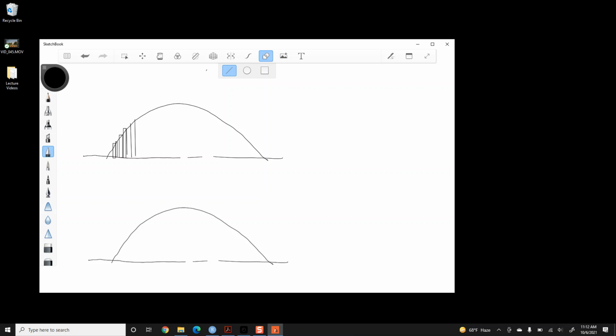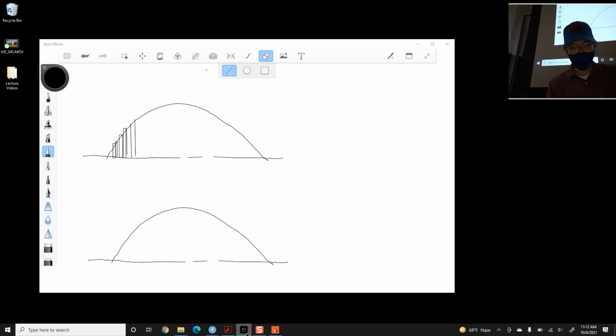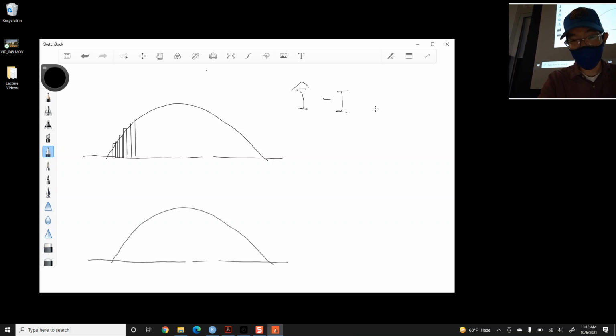Just pretend I did this, please. And if you look at the efficiency of the estimate, if you look at I hat versus the actual I, this difference as a function of n gets smaller.